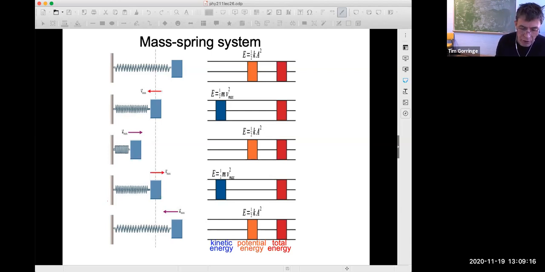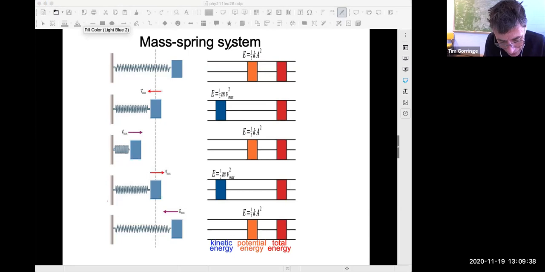So actually, I'm going to do the mass spring system as an example of energy concepts for periodic motion, but we could have equally well have done a pendulum situation for an example of energy concepts in periodic motion.